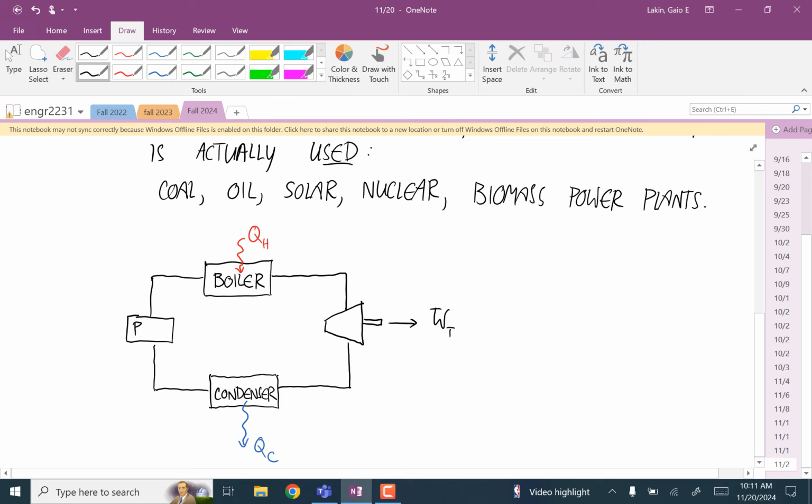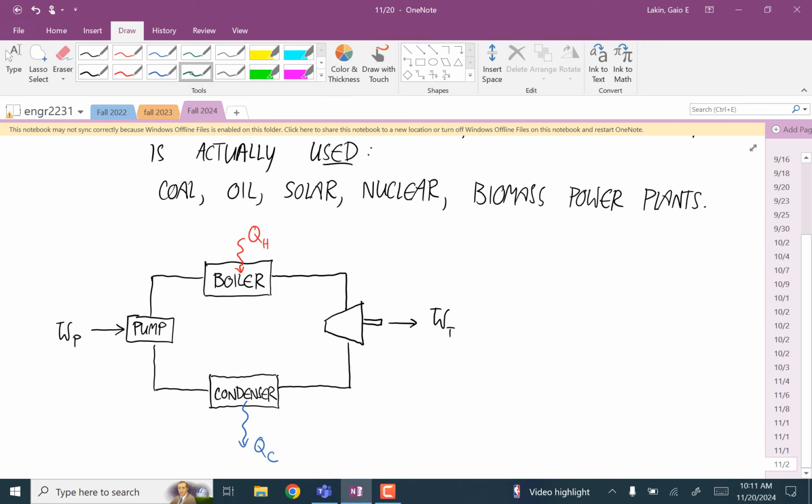There's no way to avoid having a pump of some kind, and that means that work has to be done on the system. You need electricity or potentially mechanical power to power that pump.